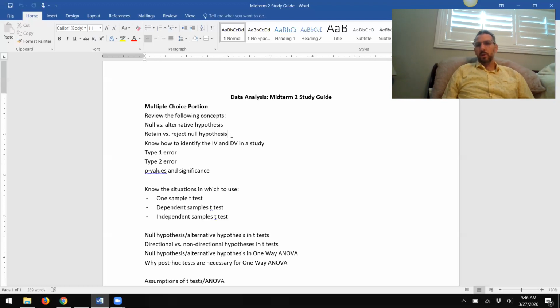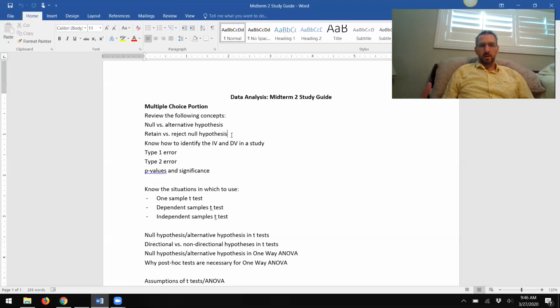So a type 2 error would be failing to find an effect that's really there. And so again, type 1 error, you find an effect that's not really there. Type 2 error is where you don't find an effect that really is. I know that's kind of hard, but try to conceptually get it.